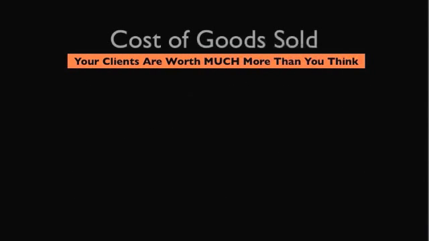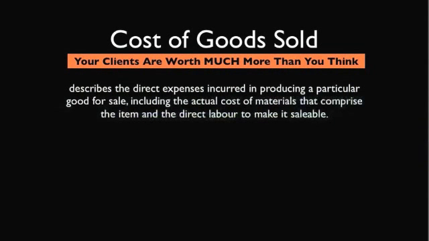business. Now, when you're looking at the cost of goods sold, we have to take some minuses there. It describes the direct expenses that you incur in producing a particular good for sale, so the actual cost of materials, the actual cost of your time and direct labor to make it saleable.